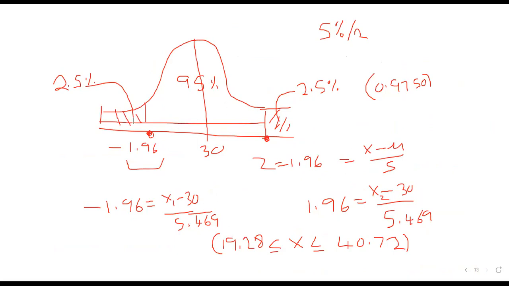So what we're going to do now is read from the table. When we cut off this one here, from 100%, we subtract the 2.5, which will give us 0.9750.